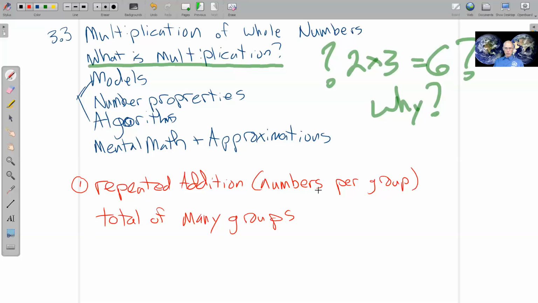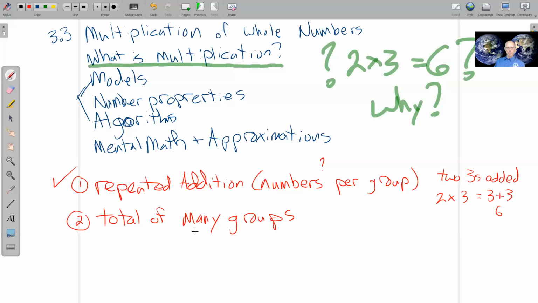And I got to decide if numbers per group means the same thing as total of many groups. Those may mean the same. Let's try to figure that out. Okay, so for method 1, 2 times 3, I guess would mean 2 3s added. So 2 times 3 really means 3 plus 3, and I know how to add. That's definitely 6.